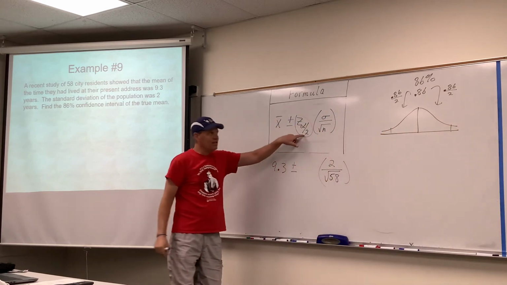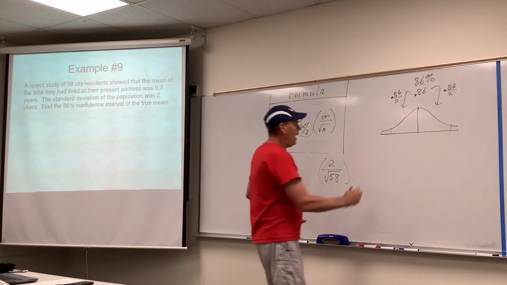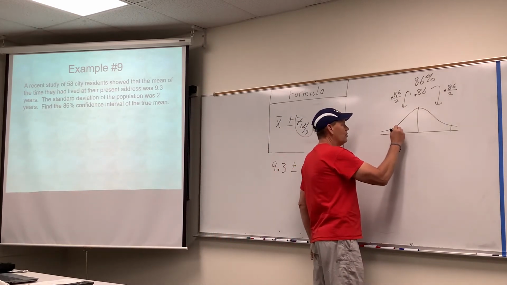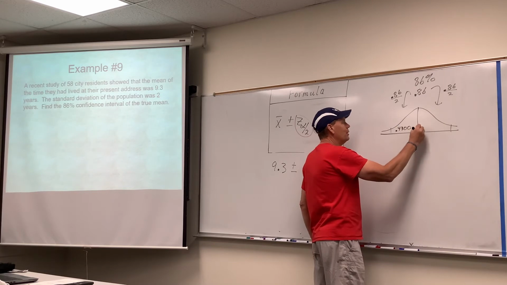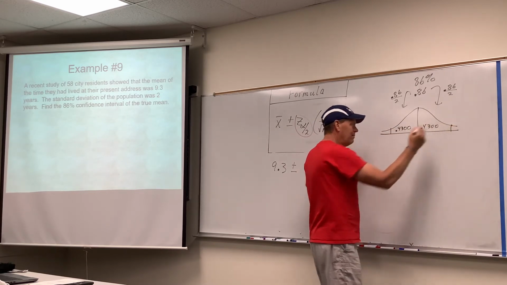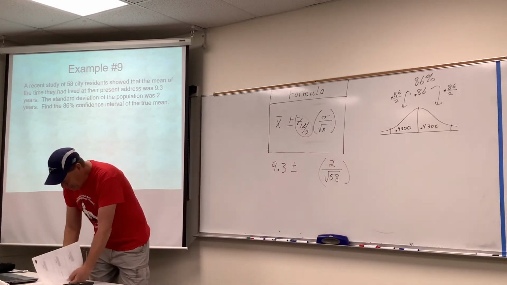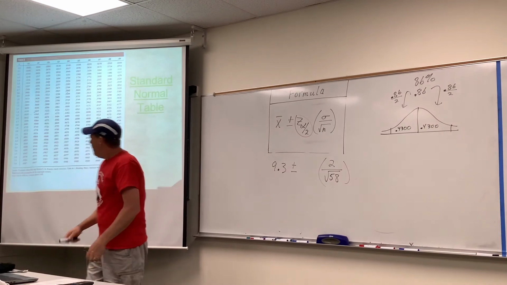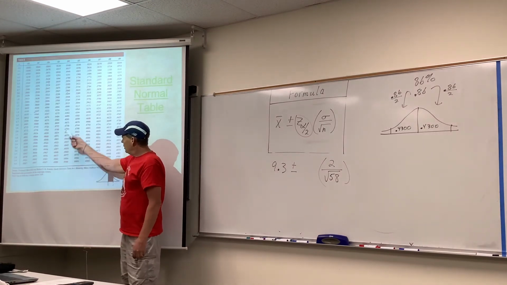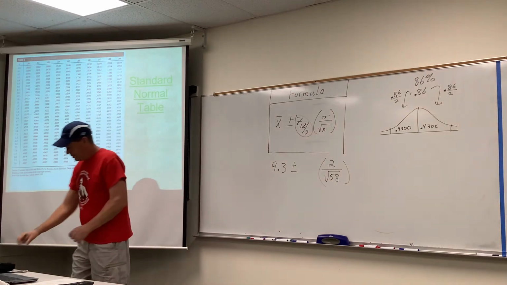We want the middle 86% of the bell curve, so put half of that on either side. And that would be 43% on the low side, .4300. The zeros are unnecessary mathematically, but I hope you would agree it makes sense to put them there because the probabilities, the percentages that live in the body of this table are 4 decimal places.